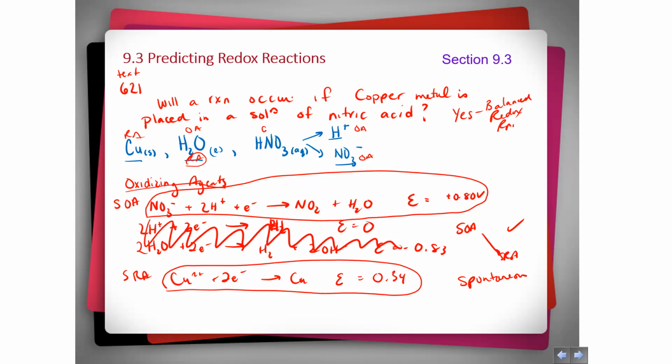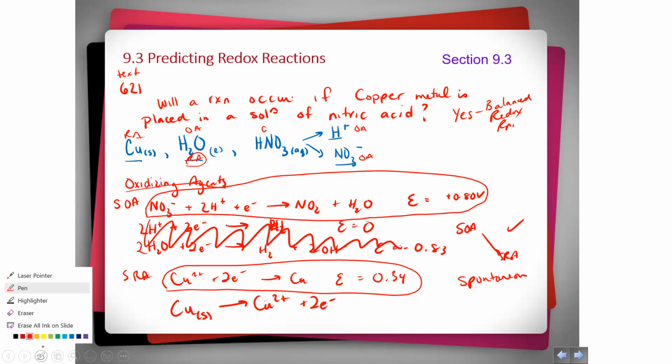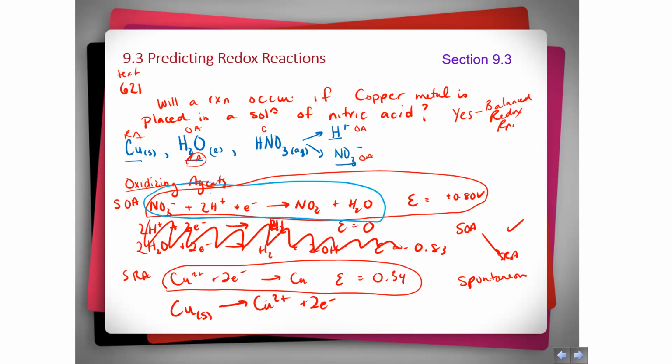When you put these two equations together to balance them, you have to flip, because we started with copper solid and it turned into copper 2 plus and 2 electrons. So now you can put the strongest oxidizing half reaction together with this reaction and go ahead and balance them.